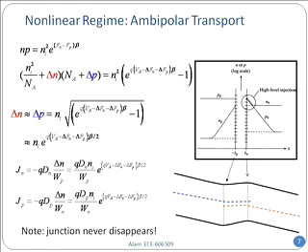But the point I want to make, and this is something people often don't understand 100%, is that no matter how much bias you apply across a junction, the potential barrier in the junction is never going to disappear. There is always going to be a barrier. Yes, with large current, there will be a lot of drop in the majority carrier side, but no matter what you do, unless you burn the diode up, the junction remains.